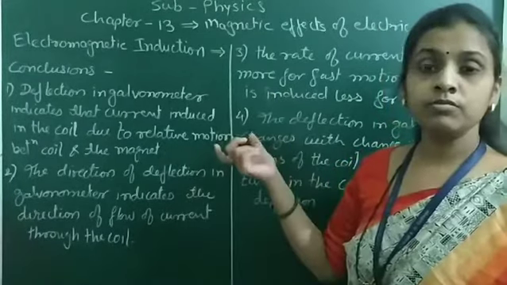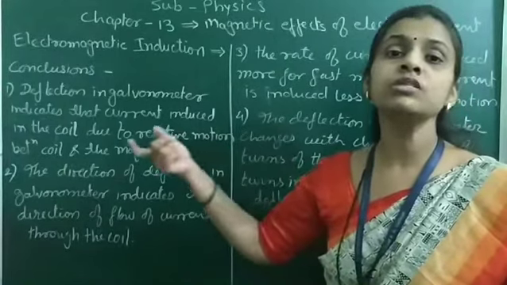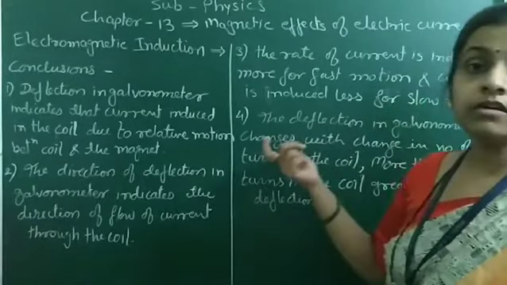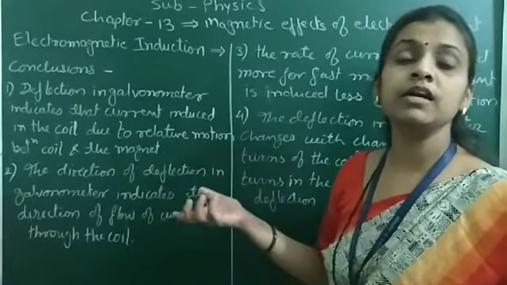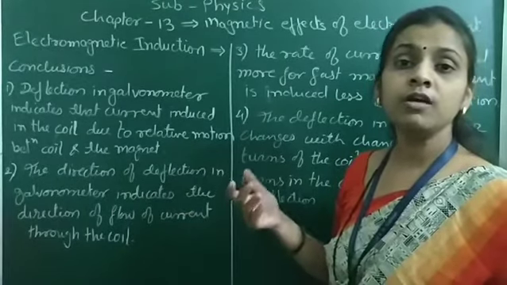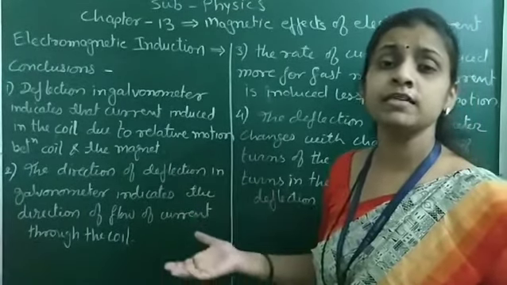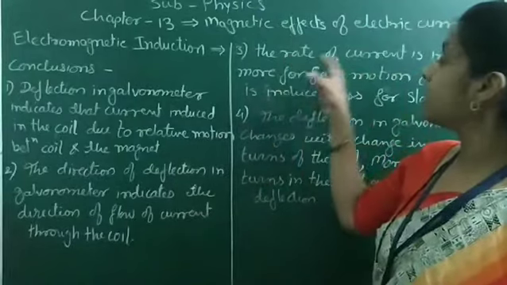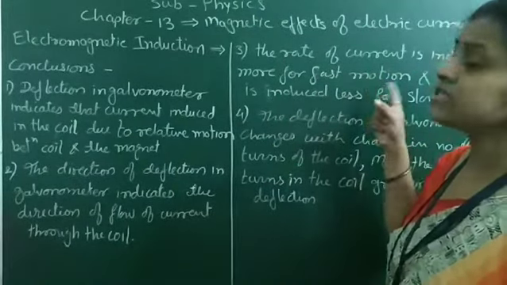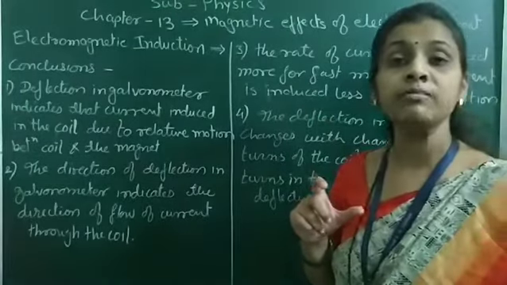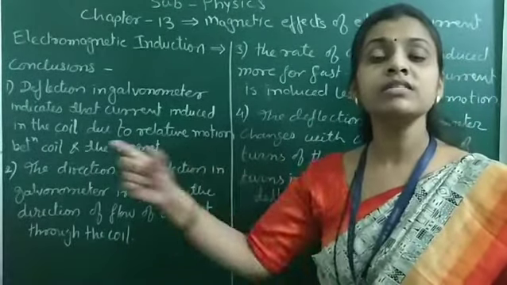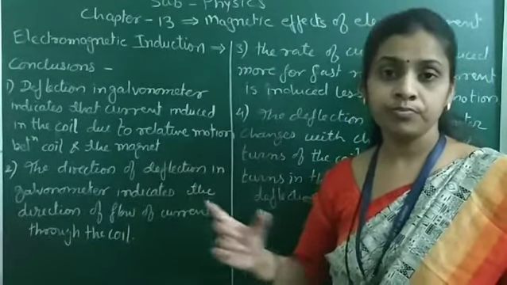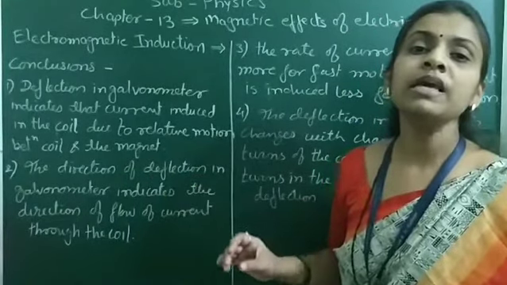If the magnet moves faster, then the current induced will be more. Therefore, as the magnet moves faster, the rate of current induced will be more. As the magnet moves slowly, the rate of current induced will be less.